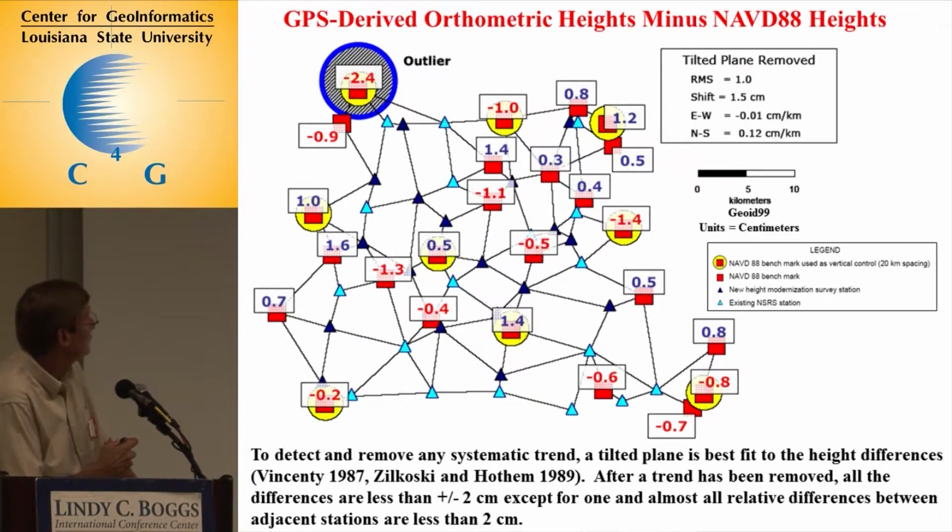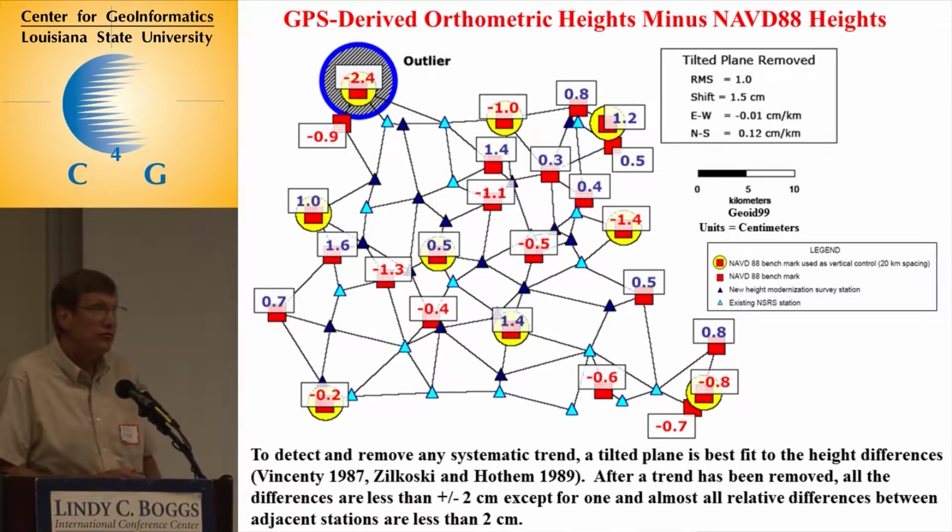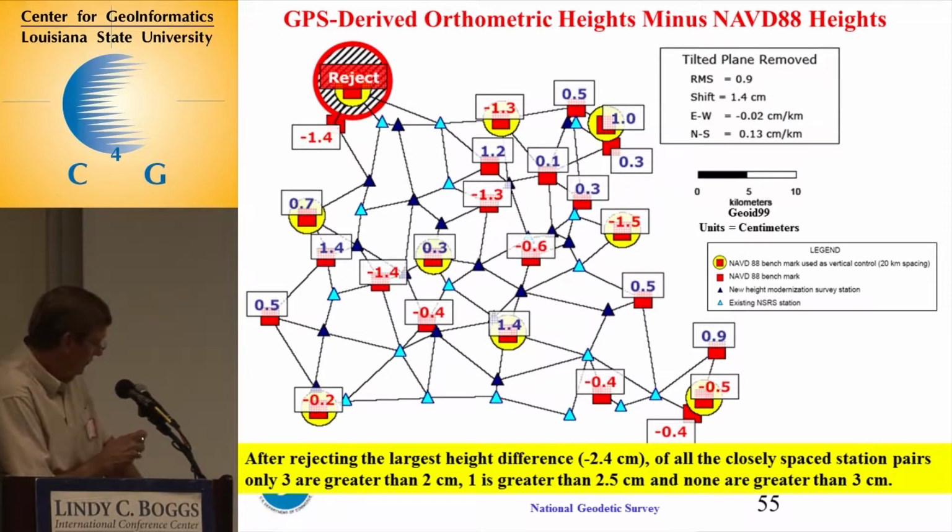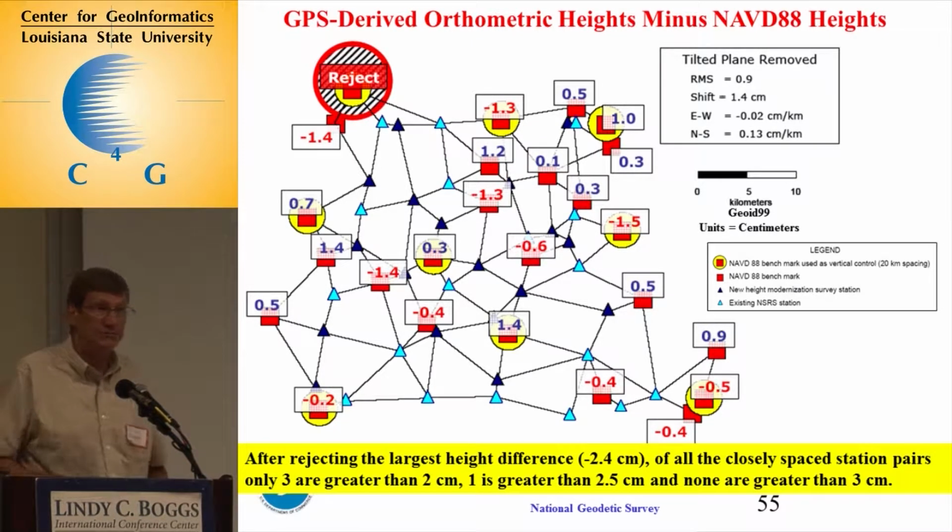And then this one looks like an outlier. So based on all these differences, this one stands out relative to the others. So this is the one that I would reject in this process. And once you reject it, all of these other numbers, by the way, will now change.